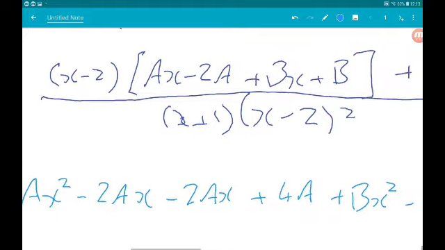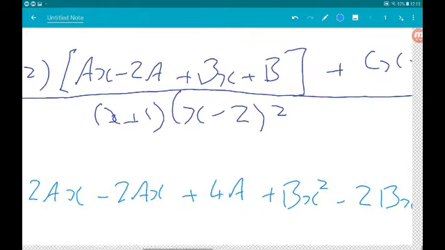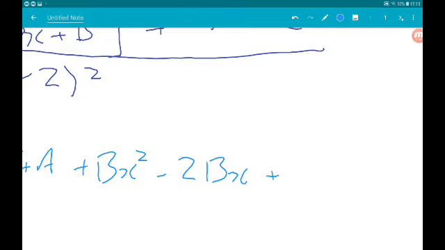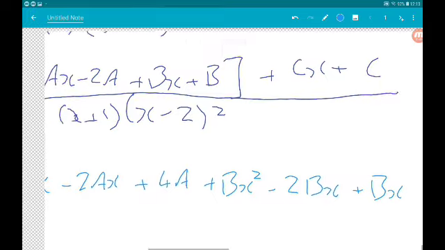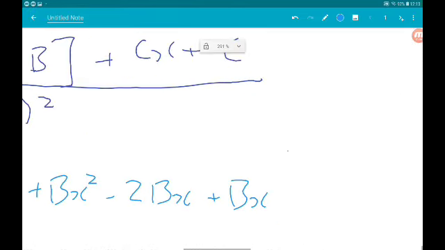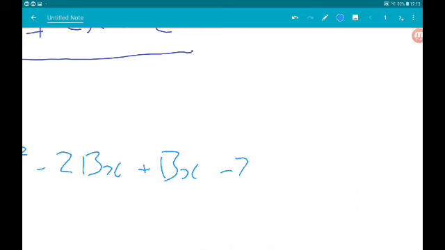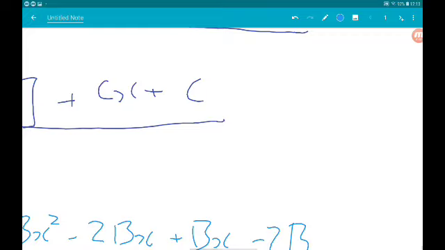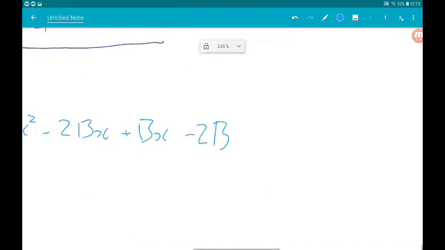And then x times B is going to give us Bx. And then the minus 2 times B is going to give us minus 2B. And then we got plus Cx plus C.